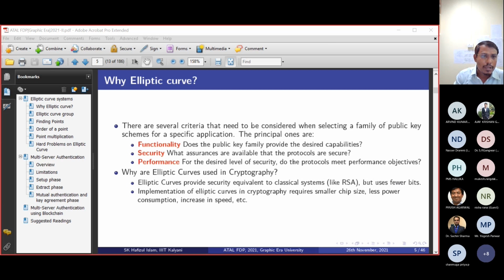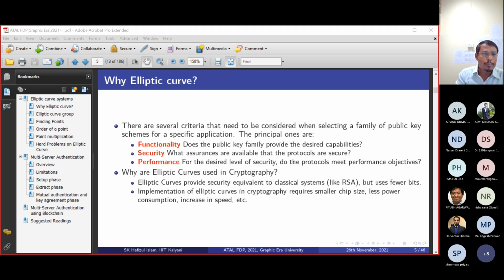But in elliptic curve, the same level of security you can get with a key size of 160 bits. You can imagine how we are reducing the size of the key. Whenever we reduce the size of the key to 160 bits, of course, the communication cost using elliptic curve will be reduced. If we implement the elliptic curve based protocol at chip level, yes, that also reduces the size of the chip.